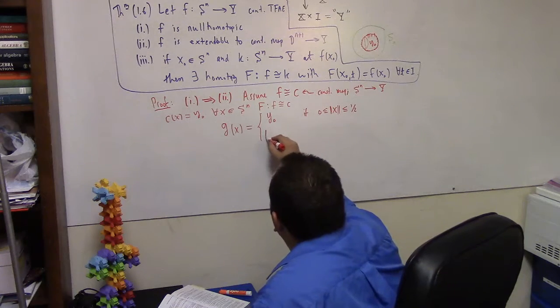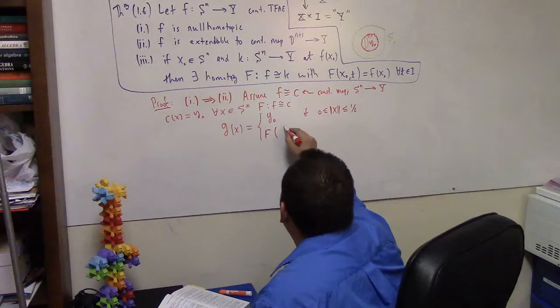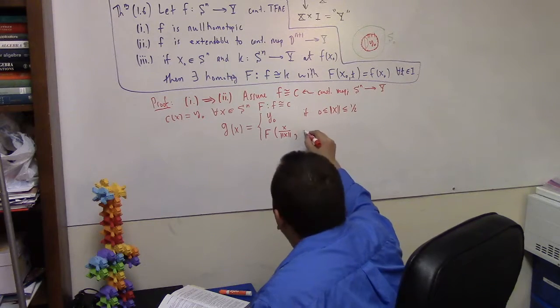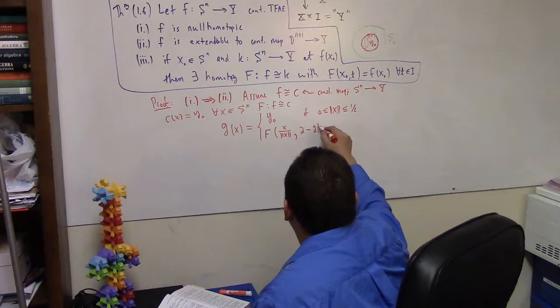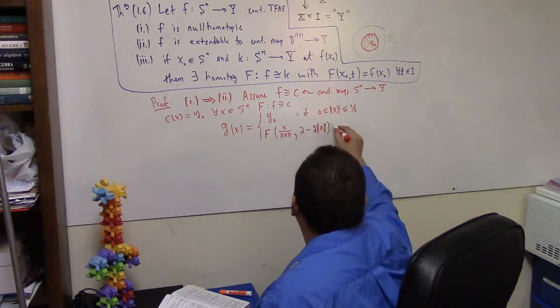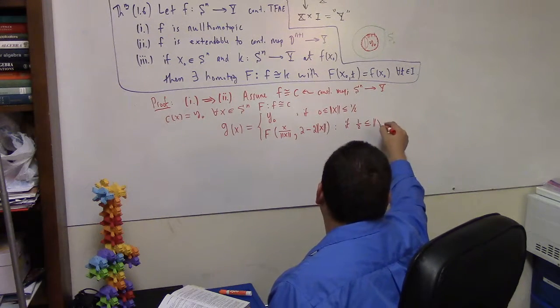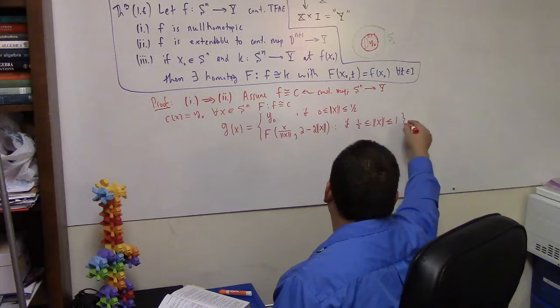So he does f of, what's he got here? x divided by the length of x, all right, comma, 2 minus 2 times the norm of x. And that's if 1/2 is less than or equal to the norm of x is less than or equal to 1.